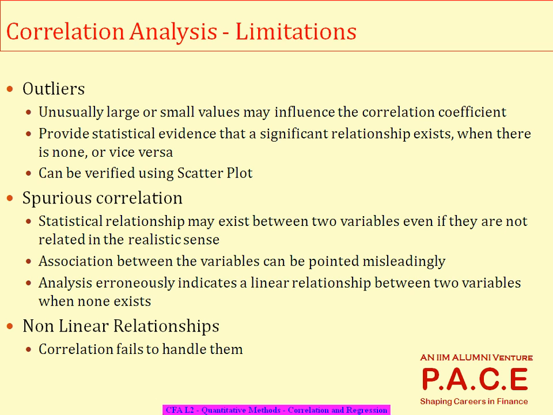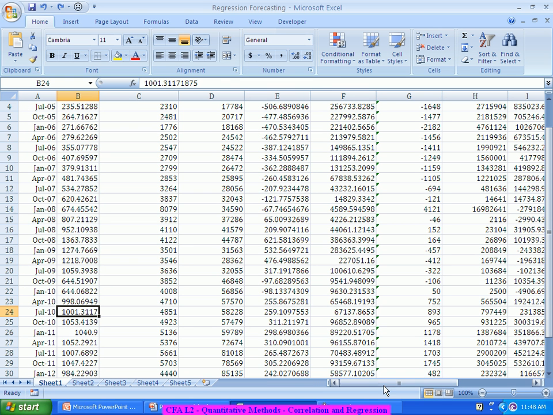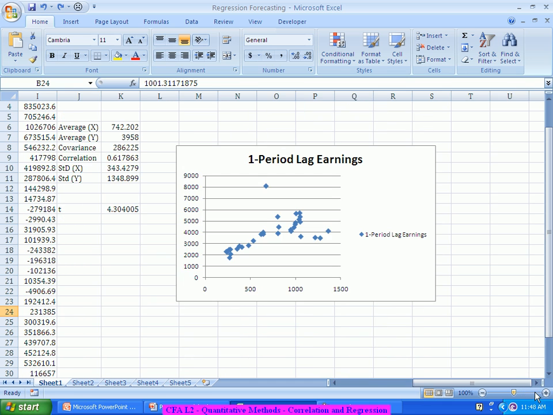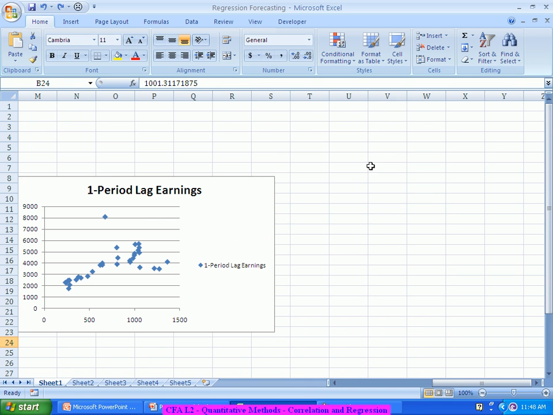And there could be a scenario where we may have a non-linear relationship. Correlation explains only the linear relationship. For example, if I have a square relationship, I'll take a few values, -4, -3, let's say up to 1. These are my x values. And y values, I am directly taking as the square.